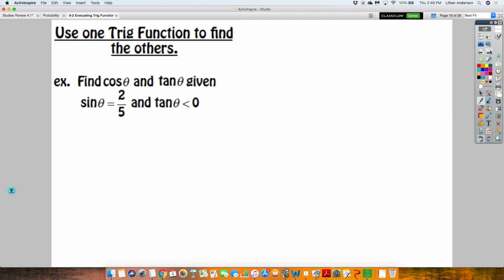Then let's do this. If you are given a trig function such as sine theta equals 2 over 5, and you're told that tangent is less than 0, you have to find cosine theta and the tangent of theta using this information. Okay?